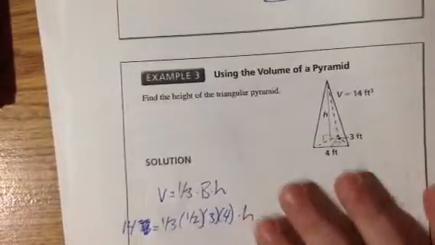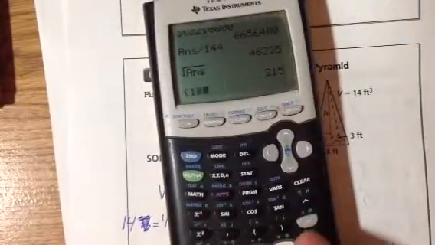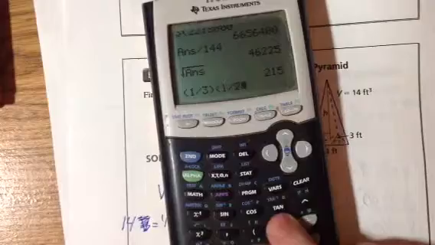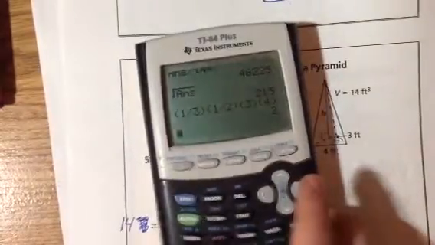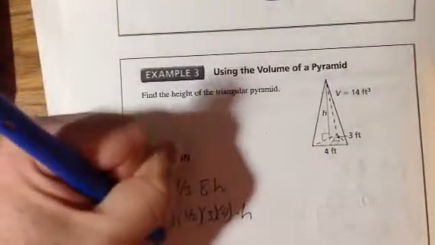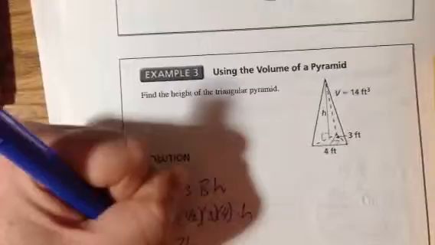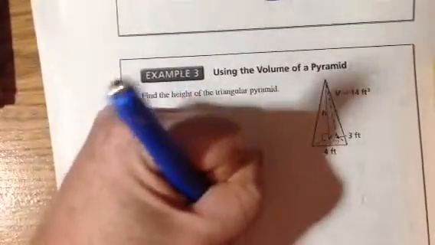Alright, so let's simplify what we have on the right side of this. 1 over 3 times 1 over 2 times 3 times 4 is 2. So 14 equals 2h, divide by 2, so h equals 7 feet.